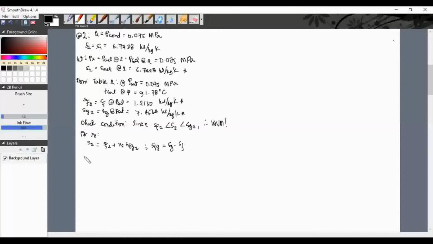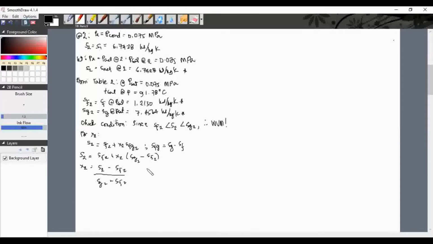So, we have S2 is equal to S sub F2 plus X sub 2 times SG minus S sub F. So, ito ay lahat sa point 2. So, therefore, quality 2 is equal to S sub 2 minus S sub F2 over SG2 minus S sub F2.